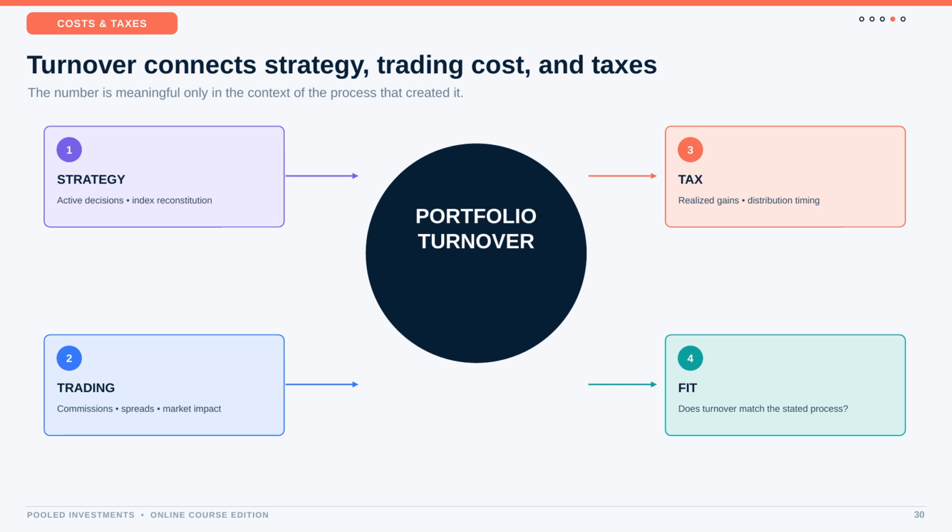A low turnover strategy can still be expensive or poorly designed. The key is consistency. Does the turnover match the stated process, and has the strategy delivered enough value to justify the costs? Hidden costs are not invisible in economic results. They simply appear later in performance and taxes rather than in a single fee line.